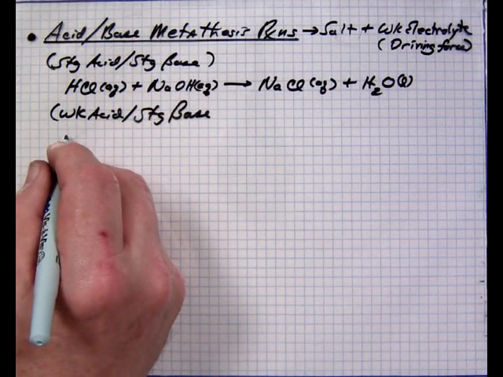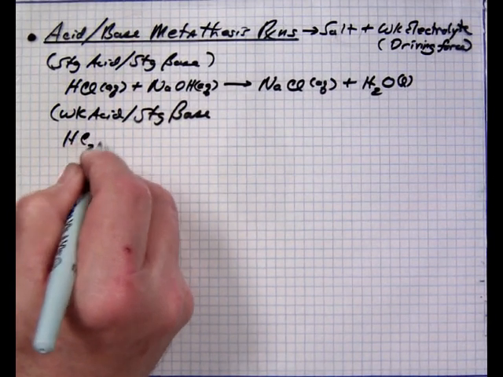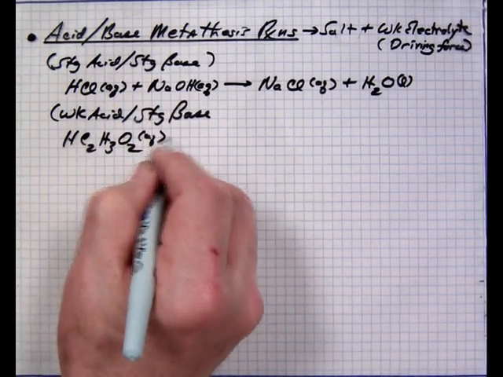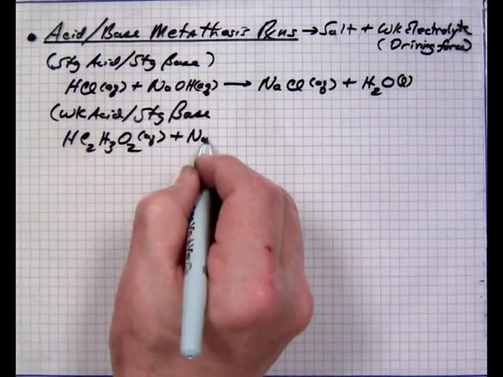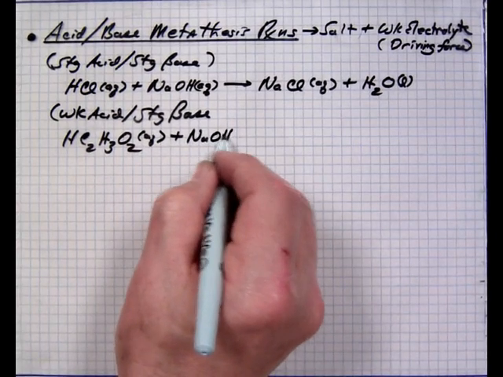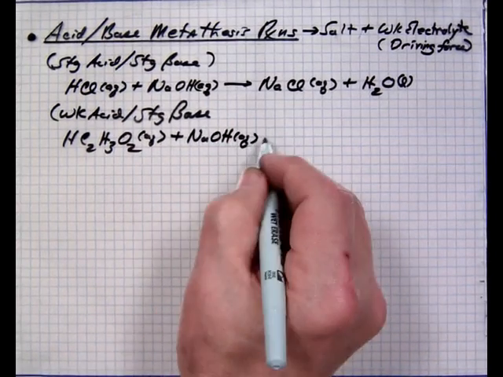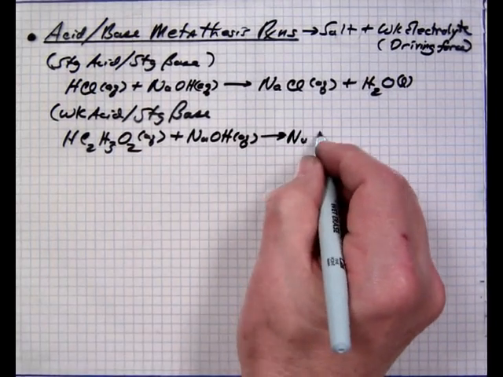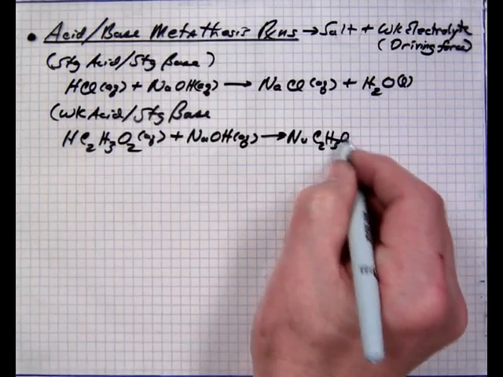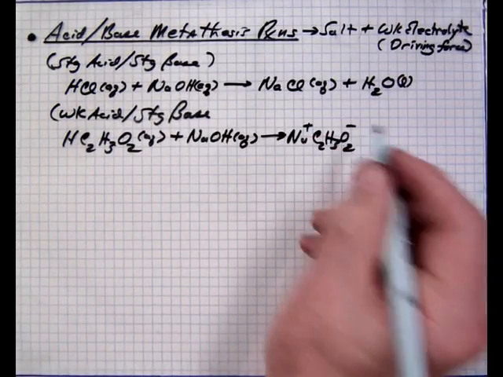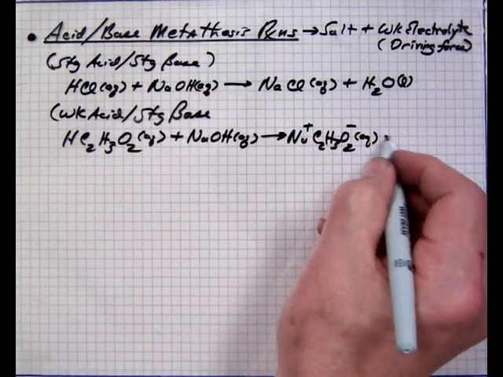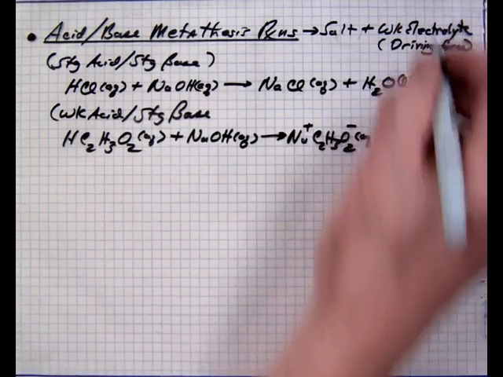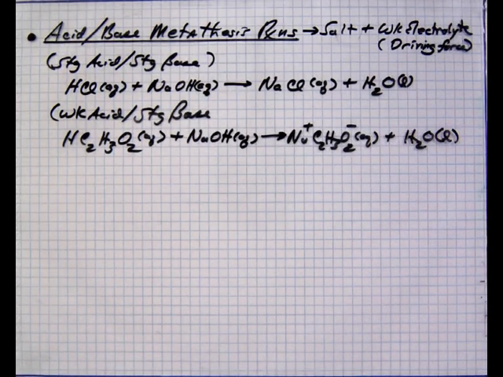Let's use acetic acid, HC2H3O2 aqueous, plus the strong base, sodium hydroxide, aqueous, which produces a sodium acetate salt, plus water as the driving force of weak electrolyte.